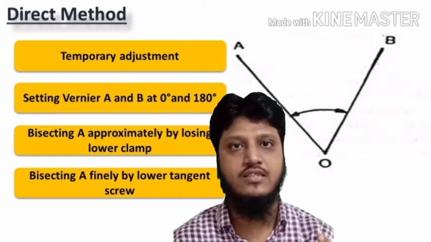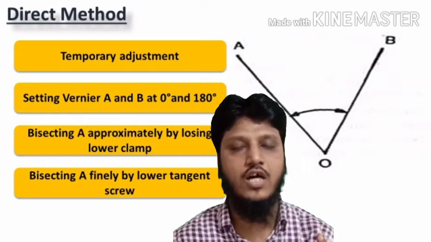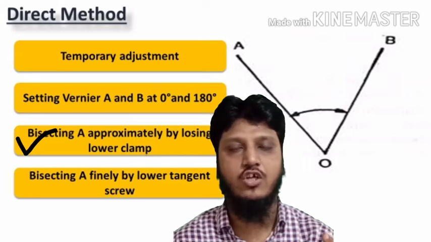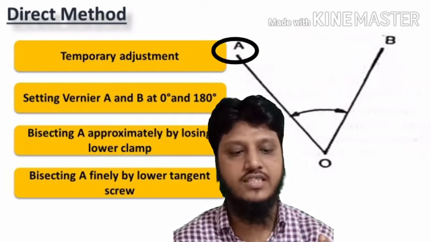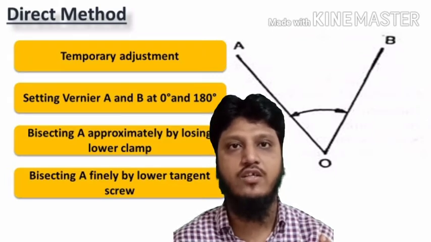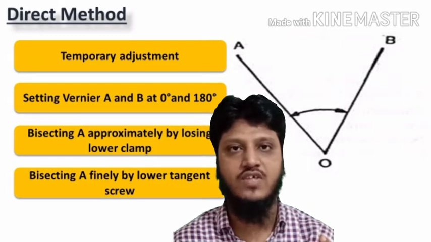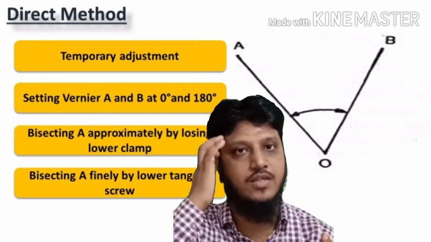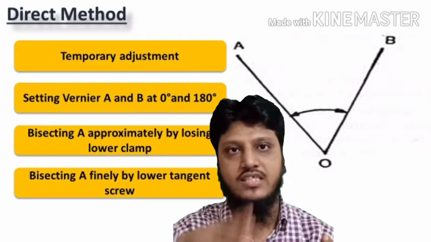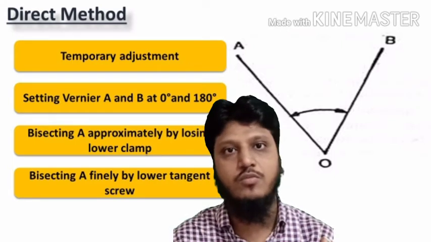Now after setting the vernier, we have to bisect the object or ranging rod at A. Bisect A approximately by loosening the lower clamp. Now we don't want to change the reading in the theodolite, because we have set 0 at vernier A, and we are not starting the measurement. We are just taking a baseline. OA is a baseline, and from that we are going to measure the angle.